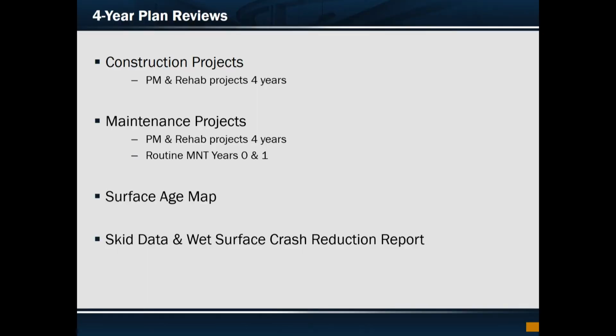The last part is we do review the skid data and the wet surface crash reduction report. That is more like a safety-related project, and we put our skid data and crash data together. So that's part of the review.